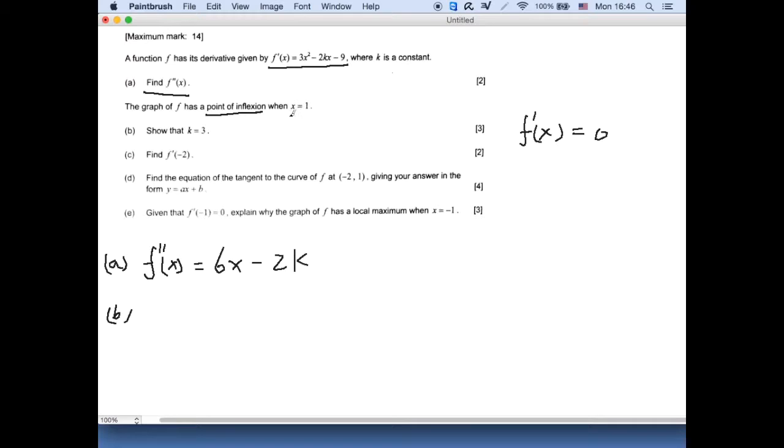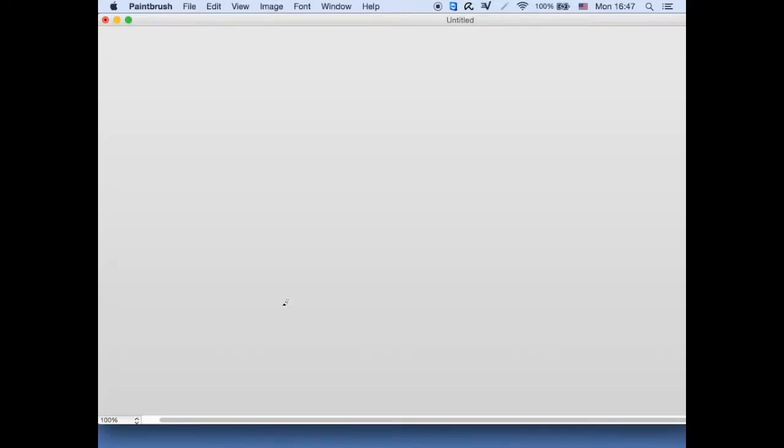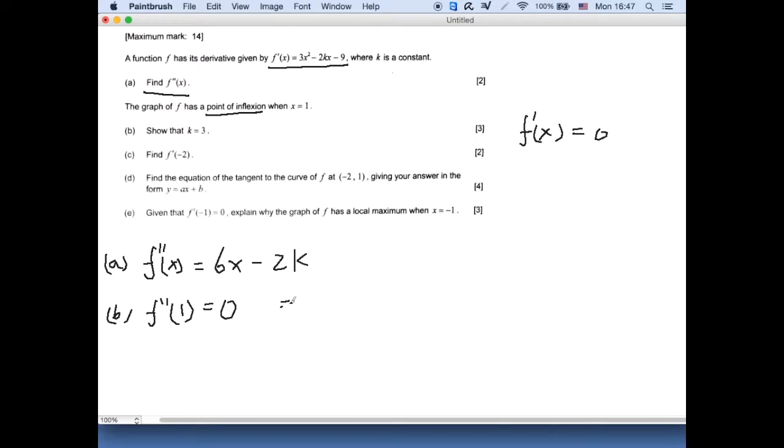So mathematically, this sentence can be transformed to that. What does that mean? As we have found the second derivative in part A, we can directly apply the result from there. As f double prime 1 equals 0 from the condition given, 6 times 1 minus 2k equals 0. So k is literally 3, which is exactly what is required in part B.